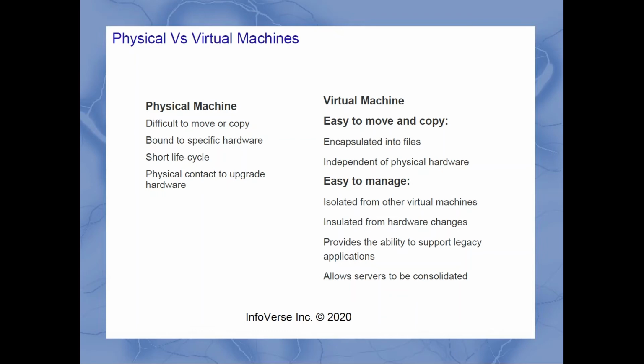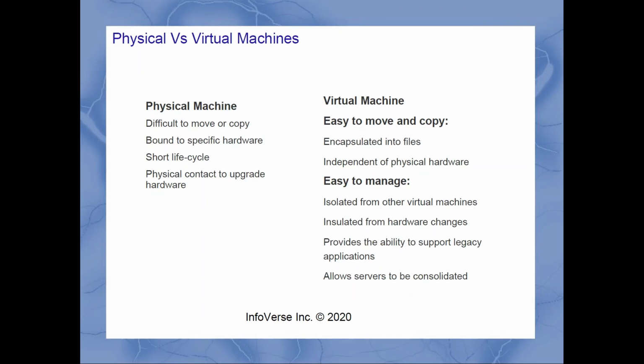On the other hand, a virtual machine is easier to move and copy. Why? Because of the virtualization abstraction, where the virtual machine is just a bunch of files. Since they are encapsulated as files, we can now move them around, maybe copy them on a USB and take them to another location.